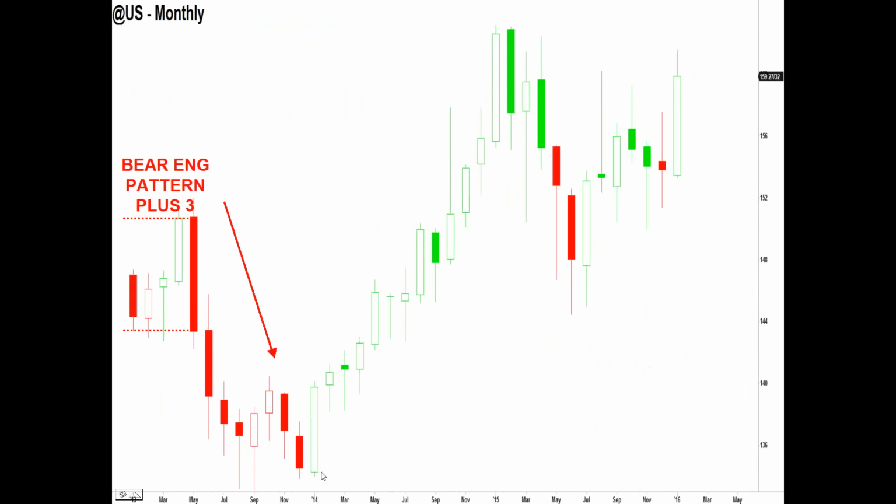Now coming into 2014, what do we have here? We have a bullish engulfing pattern, and bar number 2 is colored green. So this is a high probability that we're going to be going higher because it's confirmed by the pet D. But we also see that it's a bullish engulfing pattern +5. So look what happened. Bonds went up all the way from the beginning of 2014 to the end of the year.